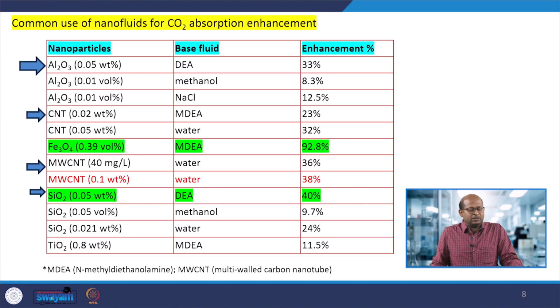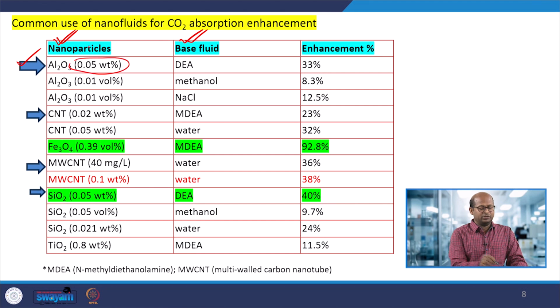Okay, so here a table is given considering different types of nanomaterial-based fluids and enhancement factors for mass transfer operations of CO2 absorption capacity. Here you can see alumina at 0.058% in a base fluid of DEA, and the enhancement of CO2 absorption has increased by 33%.